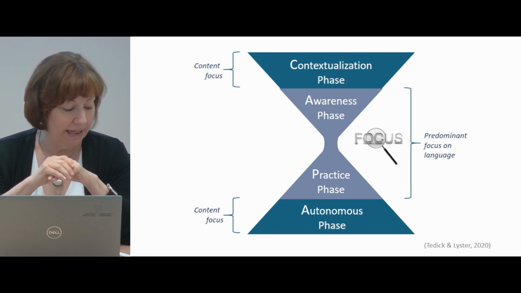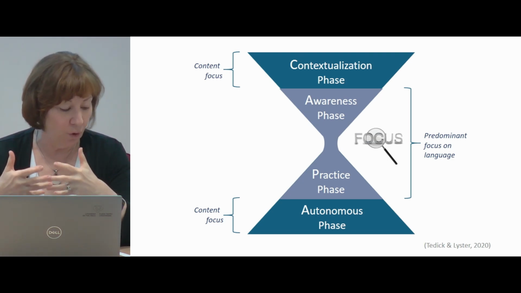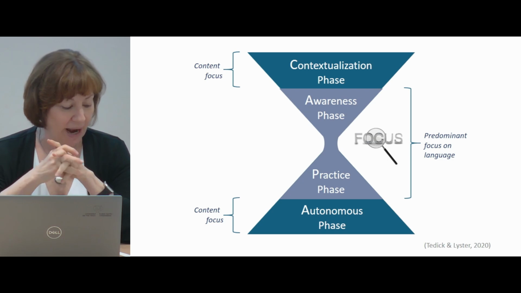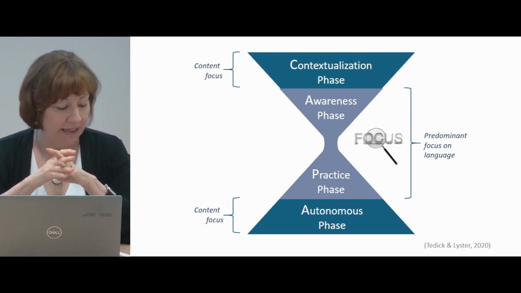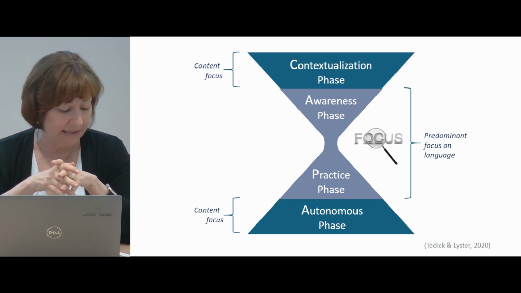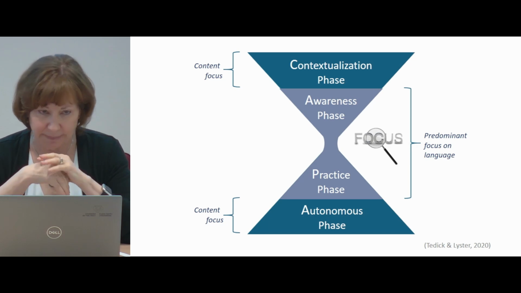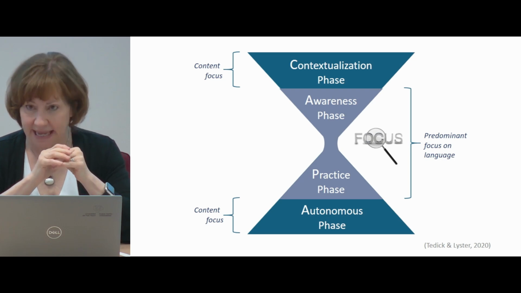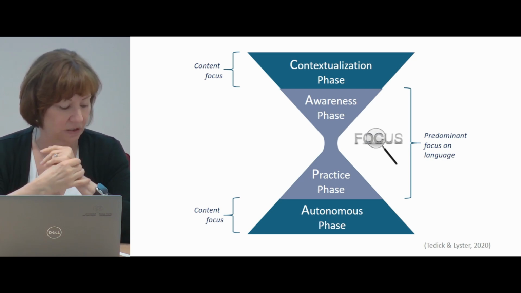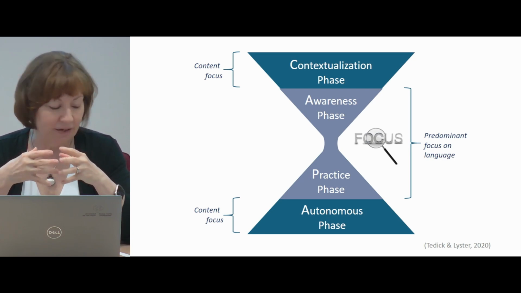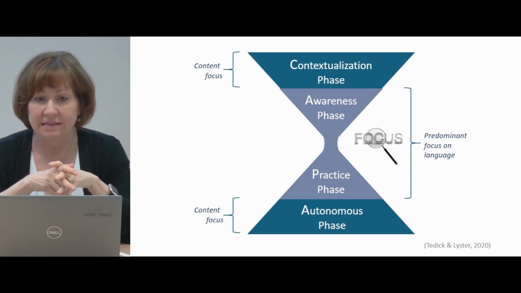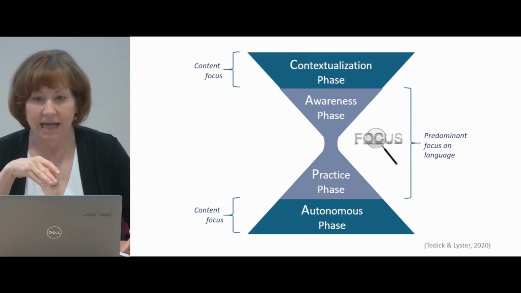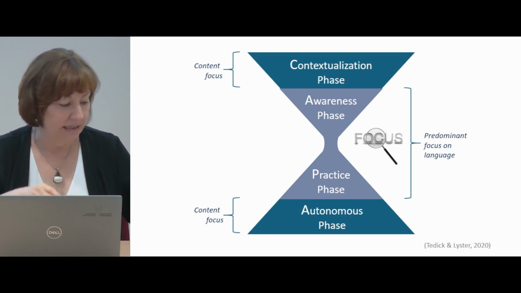Language, therefore, becomes the foreground during awareness and practice, while the content topic continues to provide context, even though it may temporarily slip into the background. During the autonomy phase, the primary instructional focus is again on the content that served as the starting point. So the subject matter topic really should remain constant throughout the sequence, at times in the foreground and at times in the background.